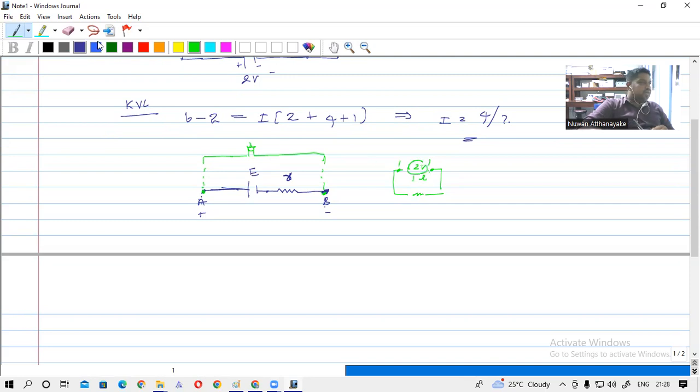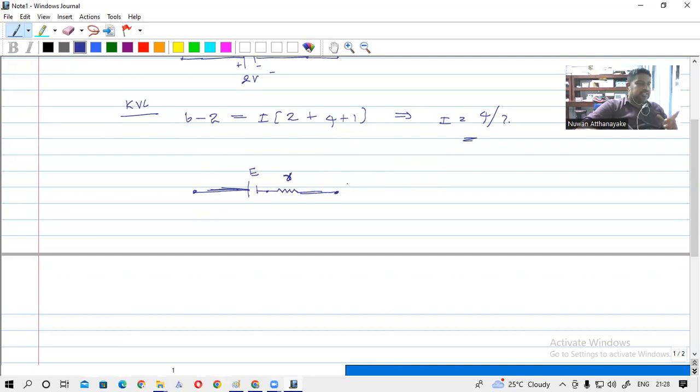So how to find that? Actually, we had a little confusion when we were developing the equation. But our logic was correct at that time.